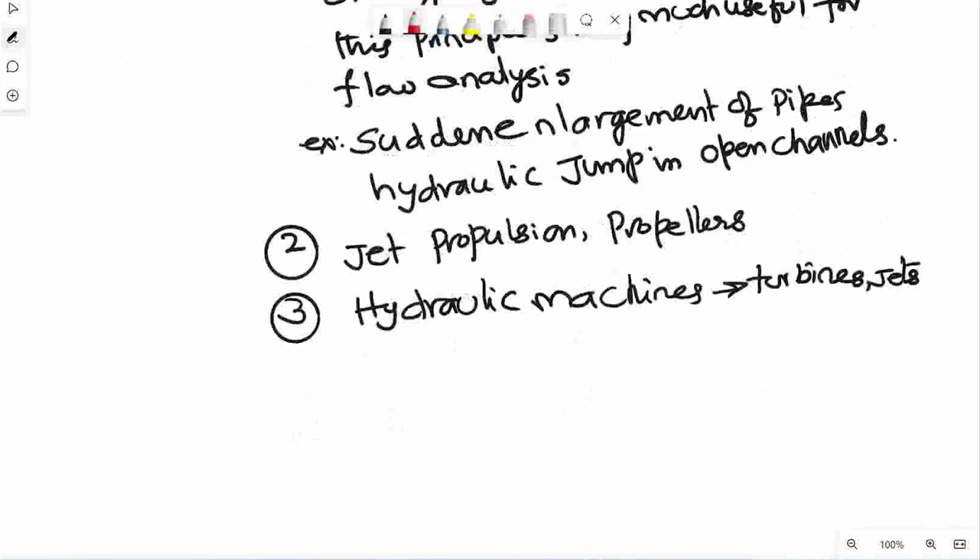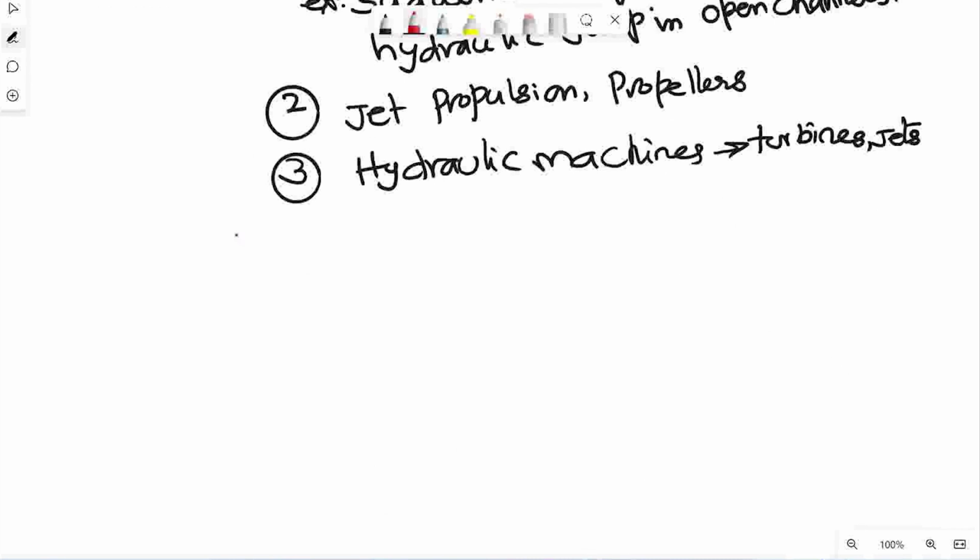But at this level, you have in your syllabus only one application, that is the pipe bend. This is the only application we have at this level.